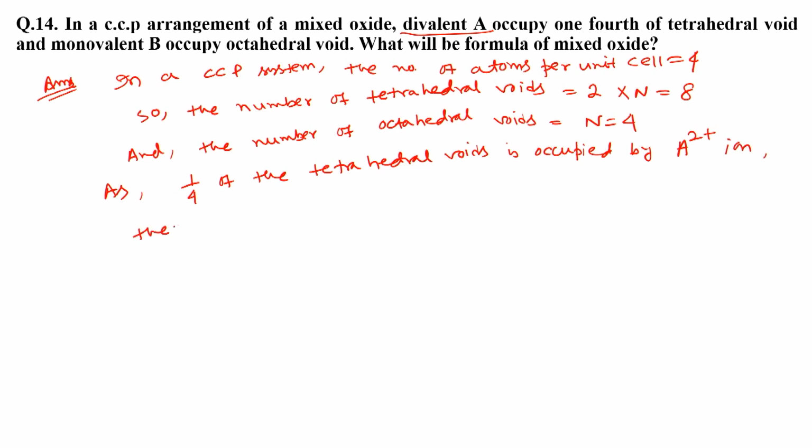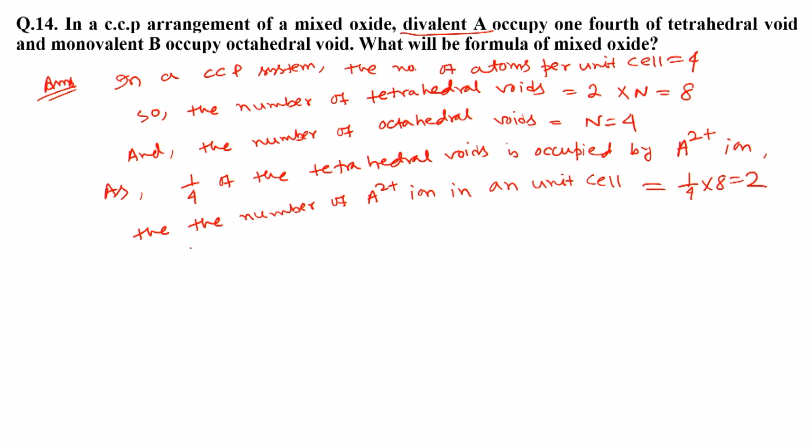Then the number of A2 plus ions in a unit cell: 1/4 is occupied, and per unit cell we have 8, so 1/4 times 8, we get 2.